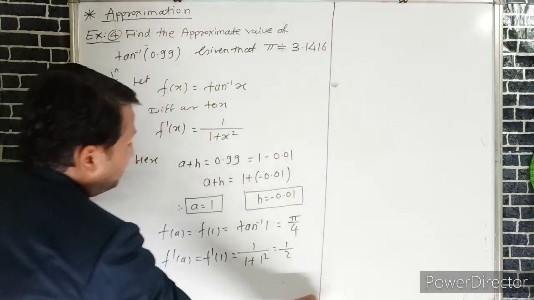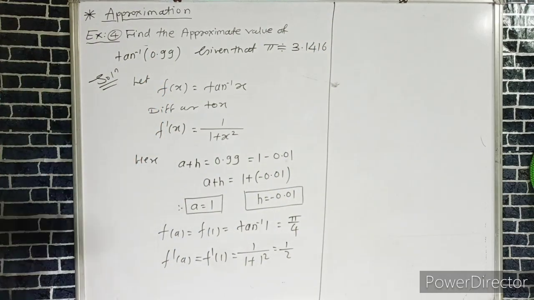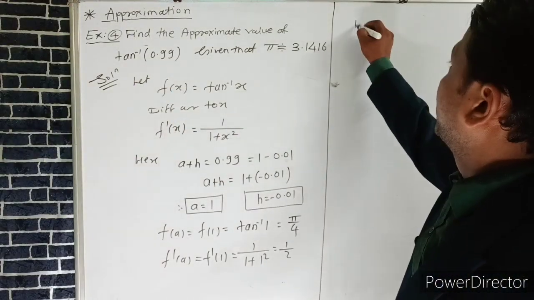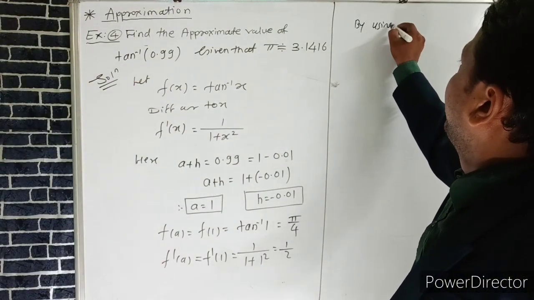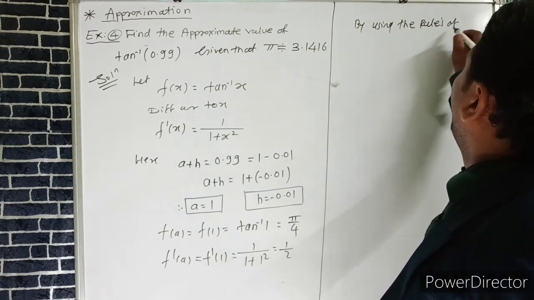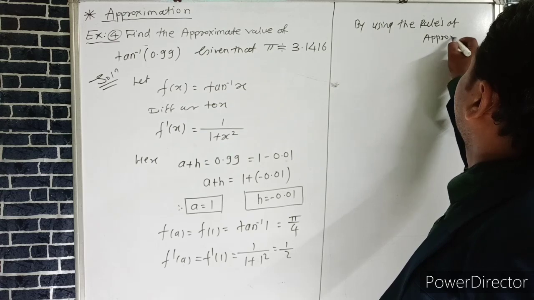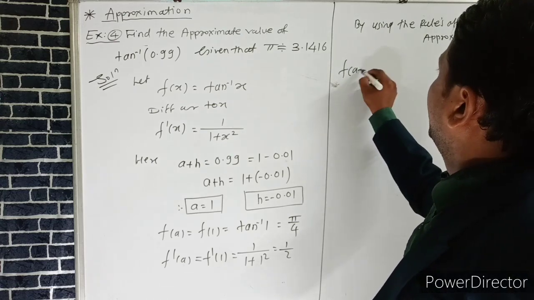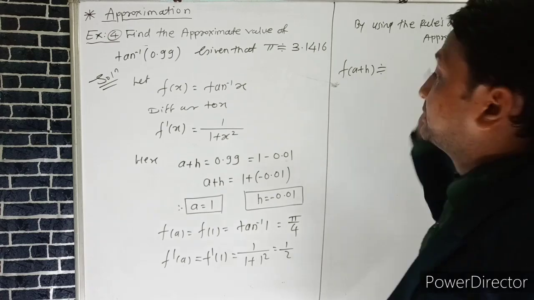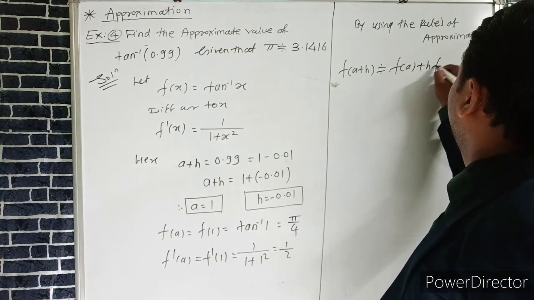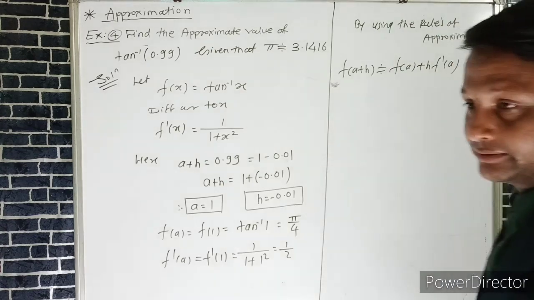But we have to find the approximate value of tan inverse of 0.99 by using the rules of approximation. By the rules of approximation, we can write f of a plus h is approximately f of a plus h into f dash of a.